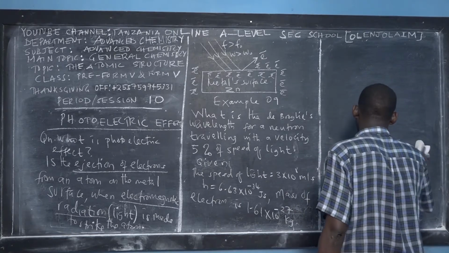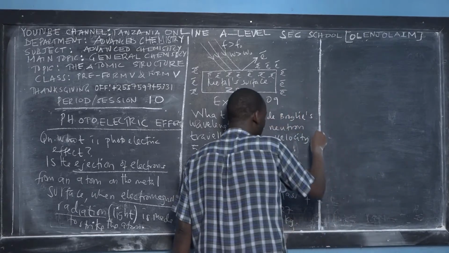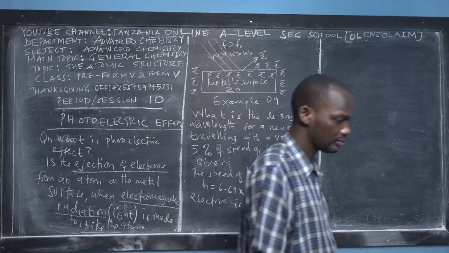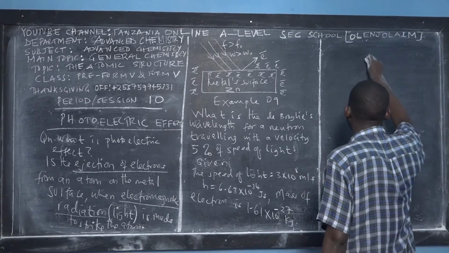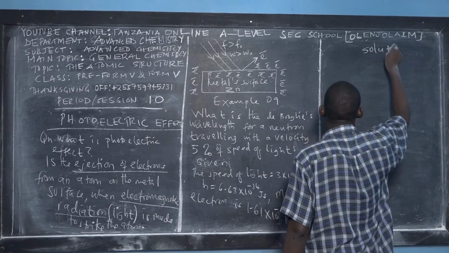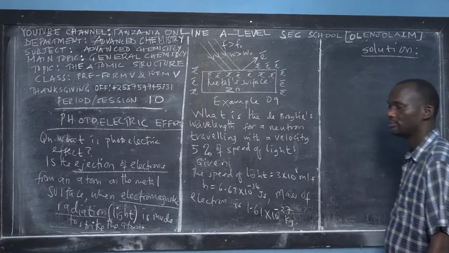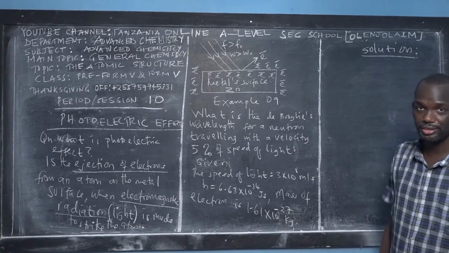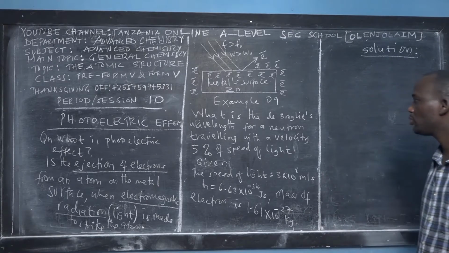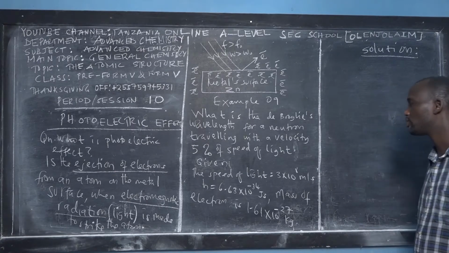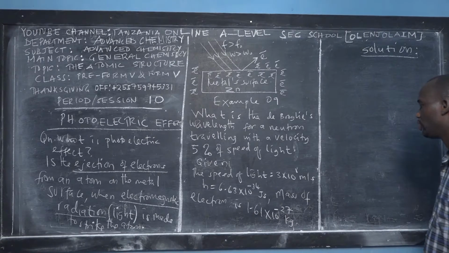The question asks us to find the de Broglie wavelength. The question is simple for my students, because I've already taught you the concept. It's simple, but it's not straightforward. You have to think a little bit. The de Broglie wavelength is required for a neutron traveling with a velocity of 5% of the speed of light.